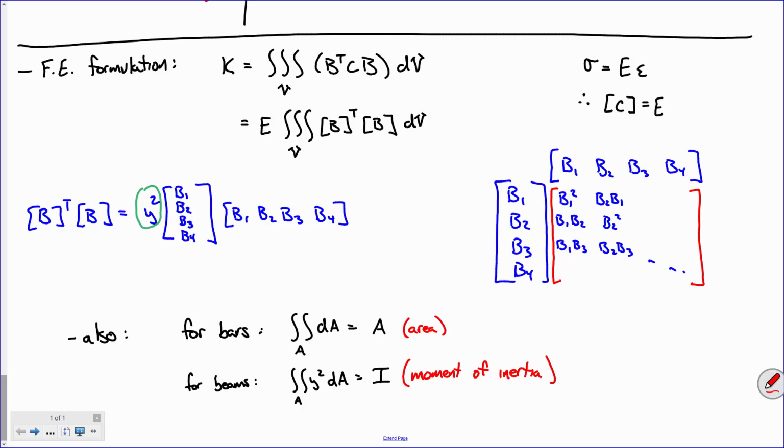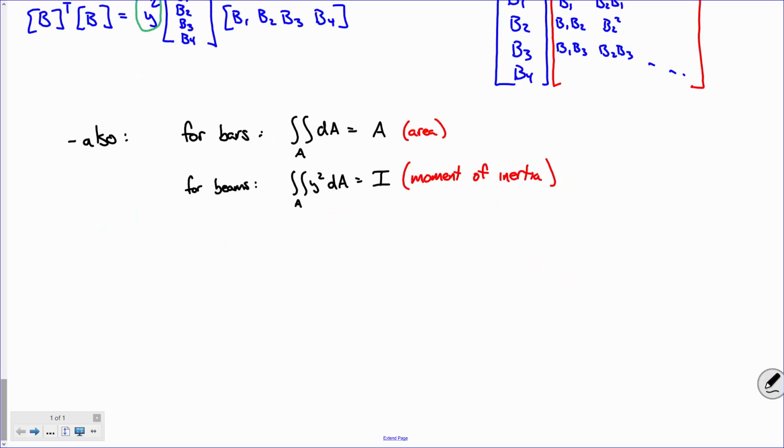Everybody okay with this? I propose to you that the stiffness matrix for a beam will be as follows. So this is my be-all, end-all.